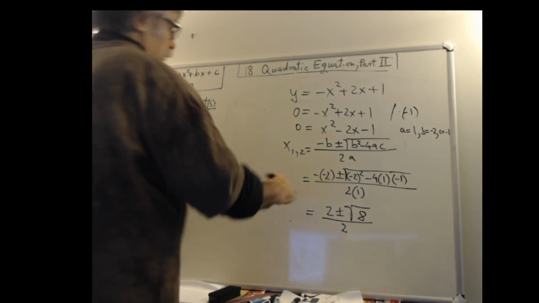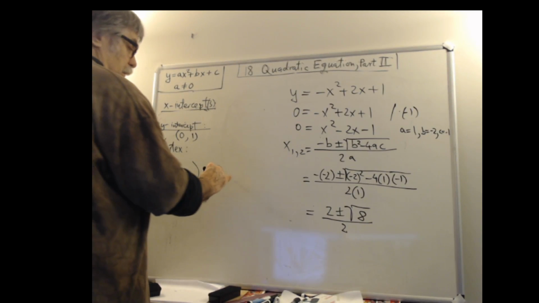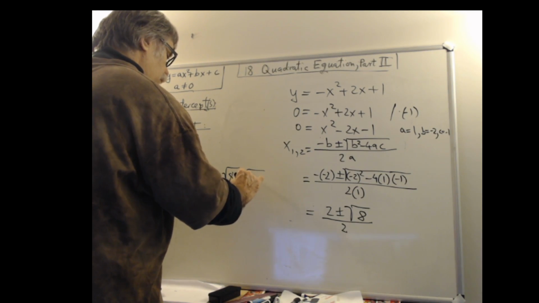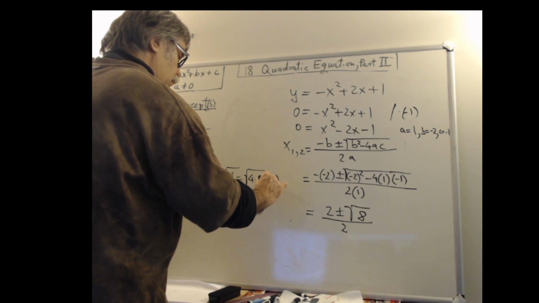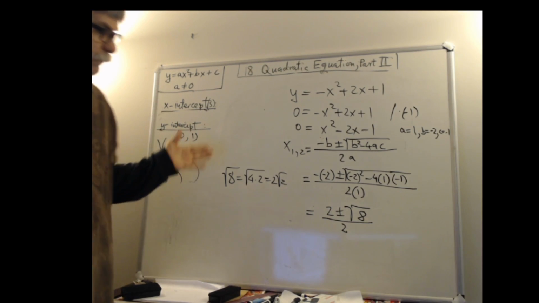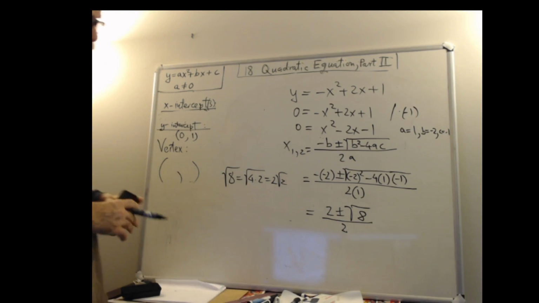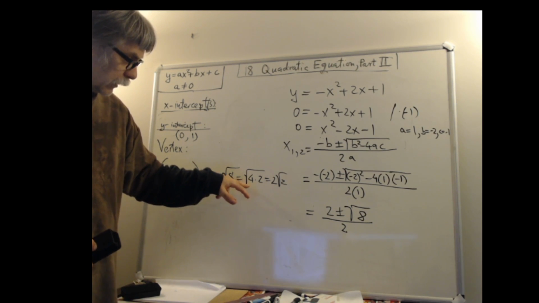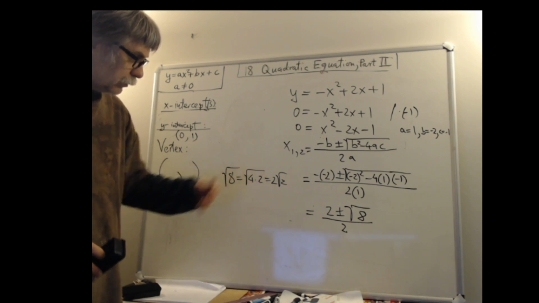Okay, 8. Scrap paper. I'm just doing scrap paper here. 8 is 4 times 2, so radical of 8 is 2 radical 2. So you have 2 factors, 4 times 2, that's 8. Radical of the 4 is 2, radical of 2 stays radical 2.